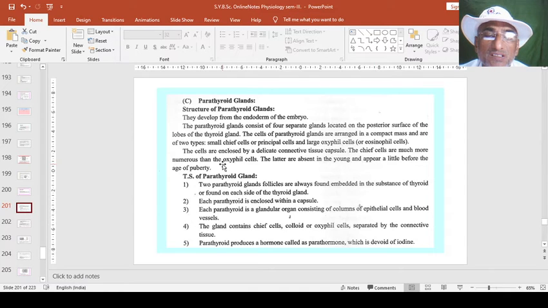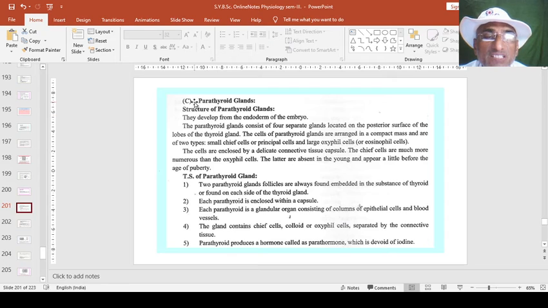So the chief cells are the main cells, then the oxyphil cells, which are absent in the young and appear a little before the age of puberty. So this is the arrangement, this is the growth and this is the development, which shows that the parathyroid glands are also supporting growth and development, in short, either in reproductive or other body cells.